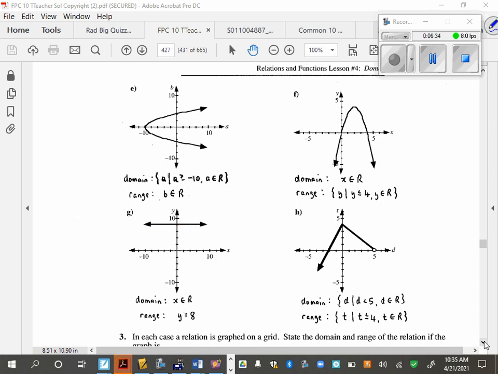If the endpoint isn't thickened in, that means the domain is from negative infinity to 5. But you wouldn't put a square bracket around 5 because that hollow dot means that it does not include the endpoint. Usually it does, and we have square brackets, but if you see something like this, and it's not filled in for the endpoint, that means a round bracket.